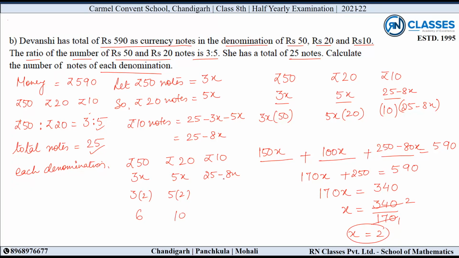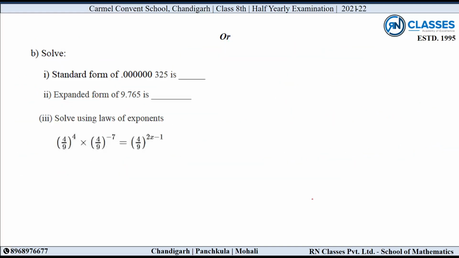For 10 rupee notes, 25 minus 16 is 9. So the number of 50 rupee notes is 6, of 20 rupee notes is 10, of 10 rupee notes is 9. That's it. So that was the OR part of question number 1. Question number 1, A part was common and in B part there were 2 options. You can do the OR part. So we'll move on to B part, part 1.